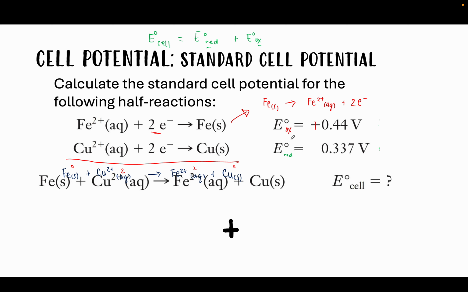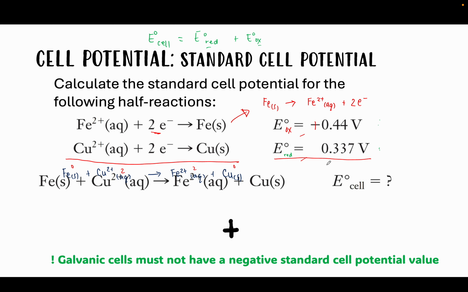Then simply, you already know the values for the standard cell potential in the anode and the cathode. You will simply add these two, because you already set the reaction. So the standard potential of the cell will be the sum of these two: 0.44 plus 0.337.